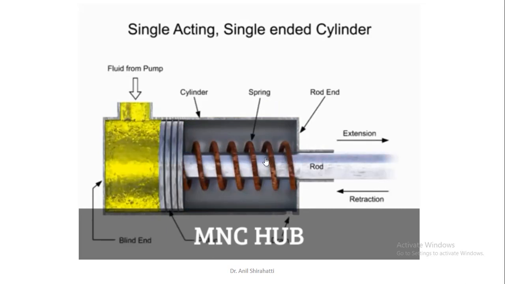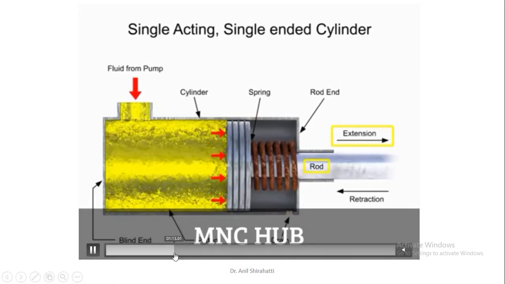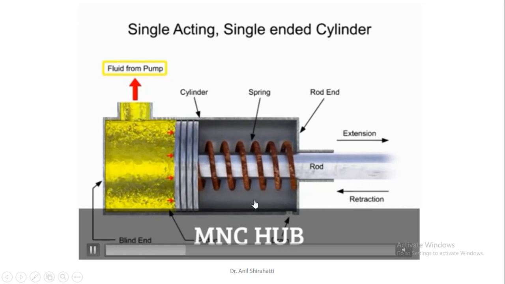So the first one was without spring. This is with spring. Spring is coming into the picture. Now you can see what happens when the fluid enters. It is putting pressure on this complete rod and the extension happens. When the fluid comes out, that will be the retraction stage.